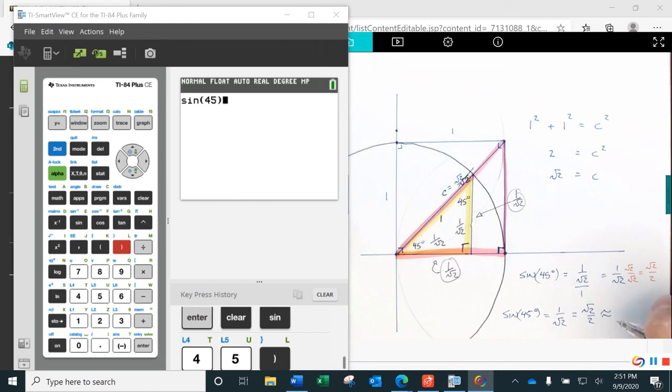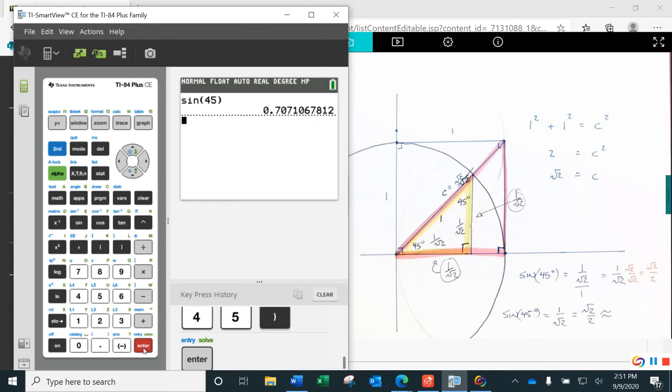Put a little squiggly equals here as we investigate. Since my calculator has been flashing this sine of 45 degrees all along, I'm going to notice that when I enter the sine of 45 degrees into my calculator, it gives me a decimal approximation. Is that the same as 1 divided by the square root of 2?